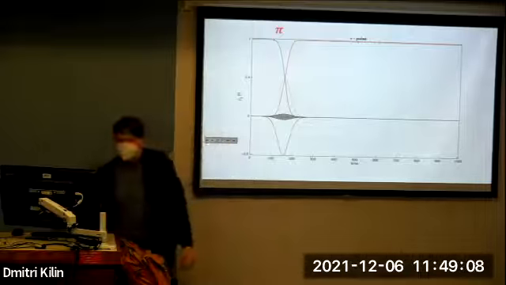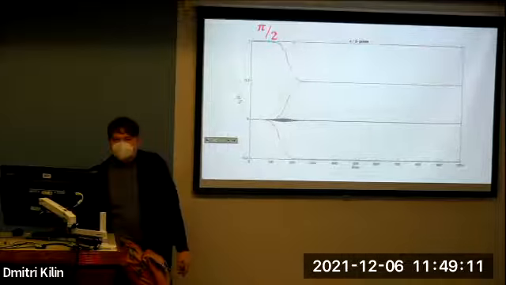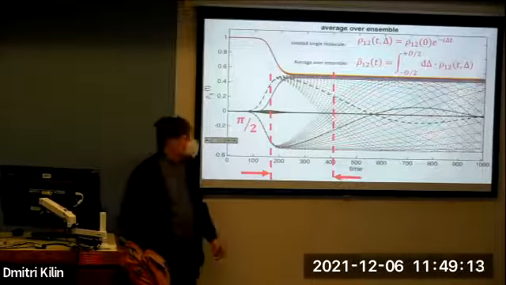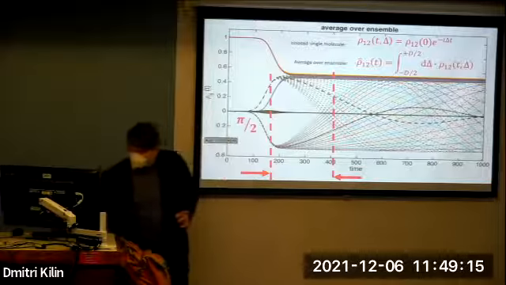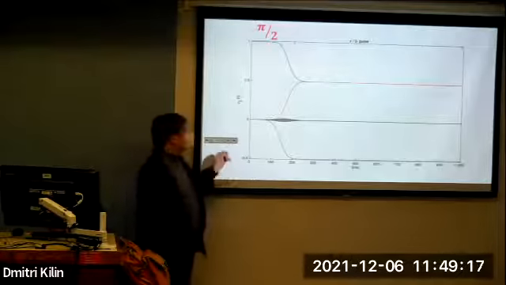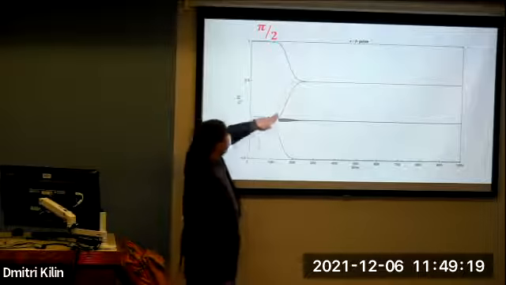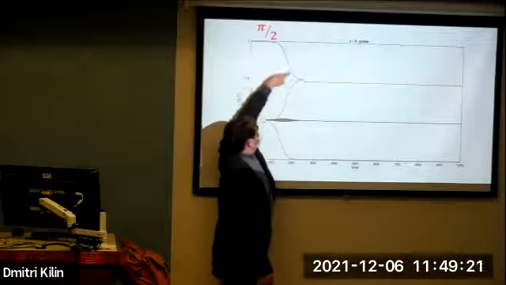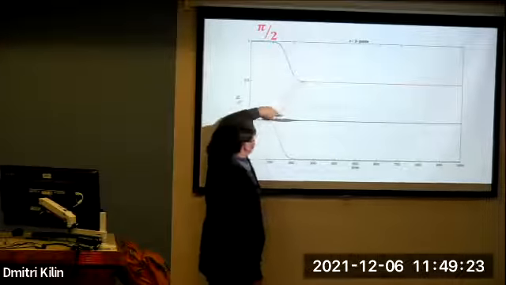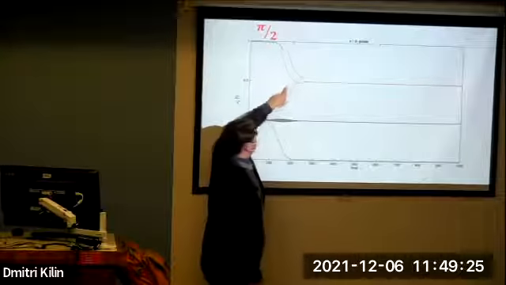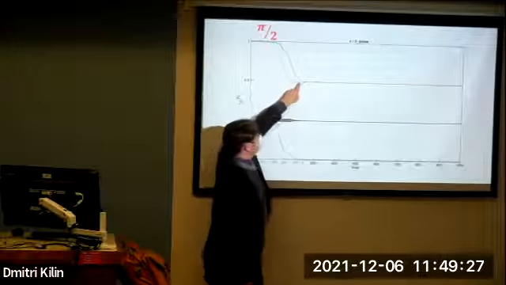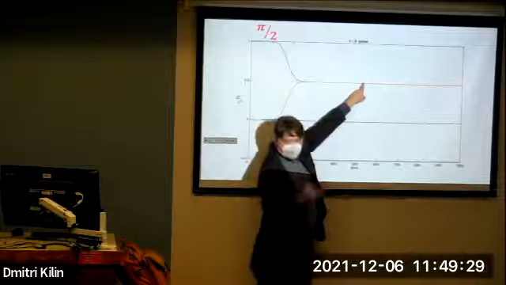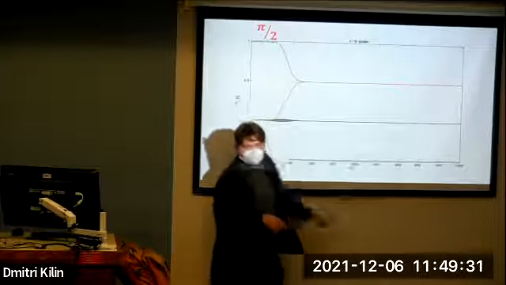But if one repeats the same simulation with a different pulse length, just a second, that was a pi pulse. If you do it halfway, then the originally excited state goes to 50%, the originally empty state also goes to 50%, and the off-diagonal element becomes also 1/2. So it will be equatorial.